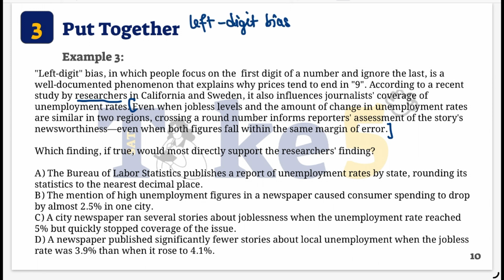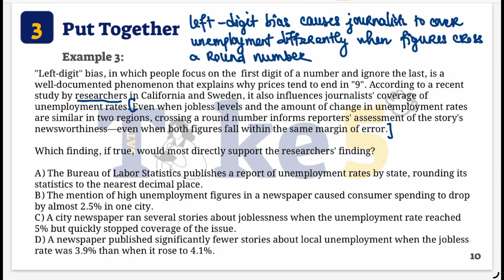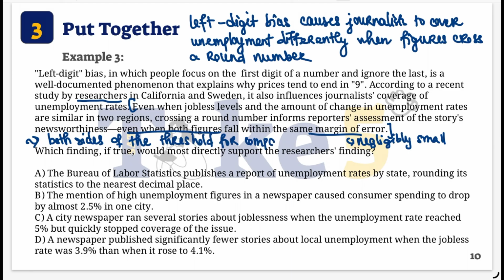Left digit bias caused journalists to cover unemployment differently when figures crossed a round number, even when the actual difference is negligibly small. From this finding, we know that we need an example showing journalist coverage changing specifically because a number crossed a round number threshold, with both sides of the threshold present for comparison.